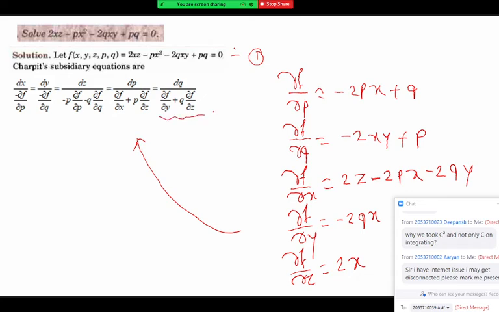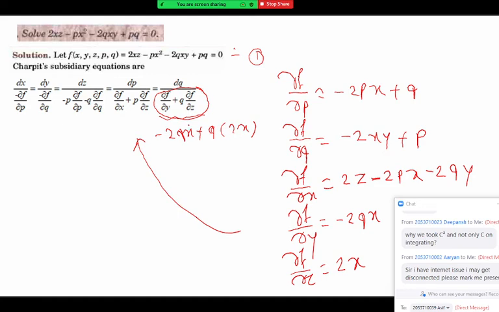Dou f by dou y is minus 2qx, plus q into dou f by dou z, that is 2x. So what is the value of this term when you replace the value of dou f by dou y and dou f by dou z?